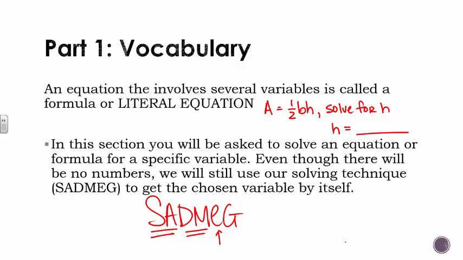Exponents we won't have much of, and then grouping symbols. So you'll end up getting something like this for your answer, which would give you the height if I told you the area and the base. It's still kind of numberless, with lots of letters in there. You're just rearranging the equation using the same methods that we have before.